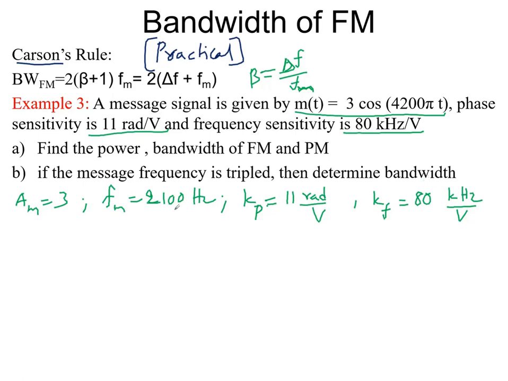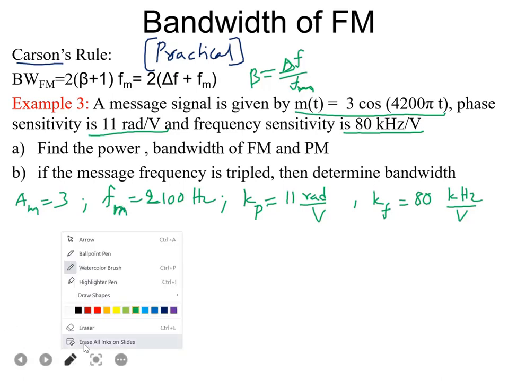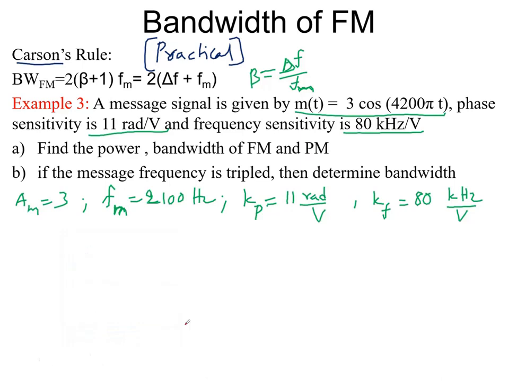Now if you observe, the message signal is given, and they are asking for power. AC you don't know, so the power here refers to the power in your message signal. How can you give that? Am square by 2, which is 3 square by 2, which is 4.5 watt per ohm for your message.